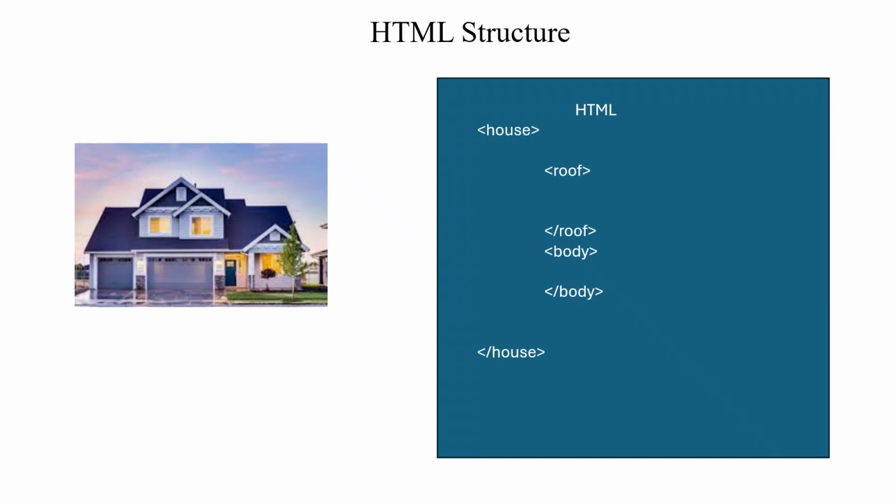In the same way, if you have a body, you write a body tag and the closing body tag. Between these two tags you can write something related to the body, such as stairs or rooms. If your house has three to four rooms, you can write the rooms in the same way and represent the house structure like this.